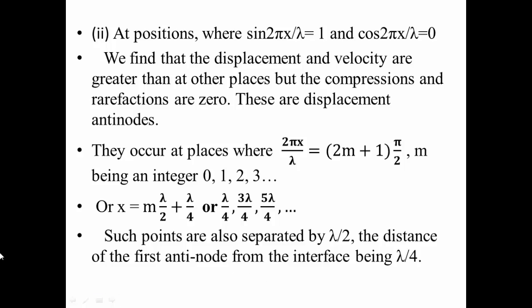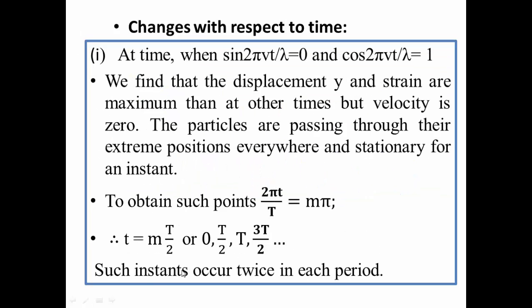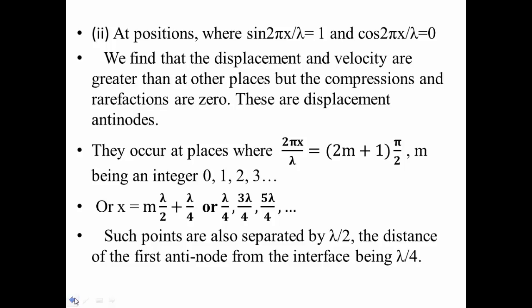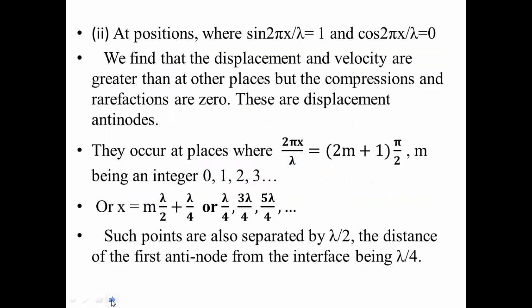These points are called antinodes. The first antinode is obtained at a distance λ/4 from the first node. So the distance between a node and an antinode is λ/4, and the distance between two antinodes is λ/2.